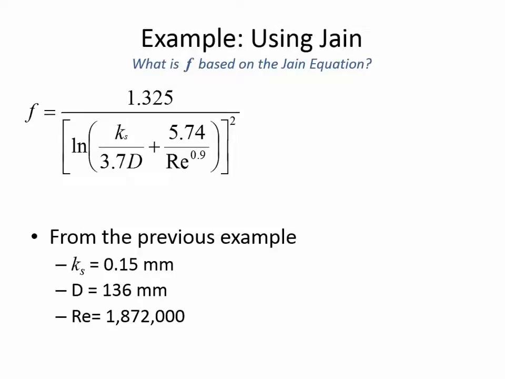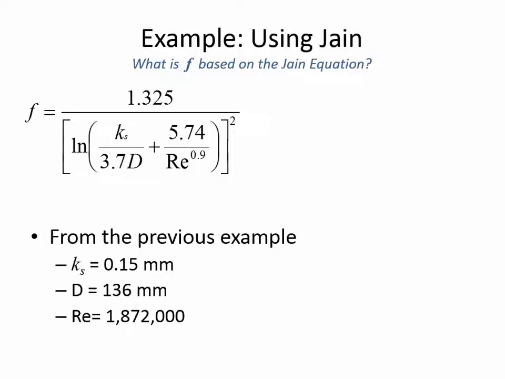Plus 5.74 divided by the Reynolds number, which was 1,872,413 to the 0.9 power. Okay, try that with your calculator. And then we take all that squared. So if you will, solve that with your calculator. What I sometimes recommend is to break it up into steps.